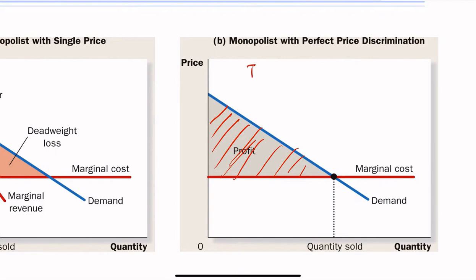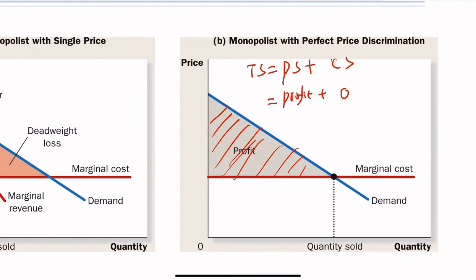If you write out total surplus, it obviously equals producer surplus plus consumer surplus. Here, producer surplus is given by this profit. Now, what is consumer surplus? Consumer surplus is actually 0. Why? The reason is now we have perfect price discrimination.